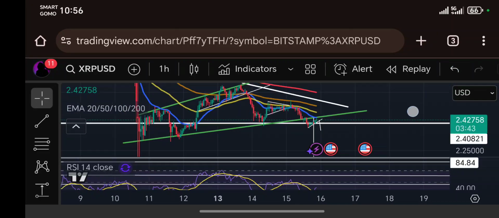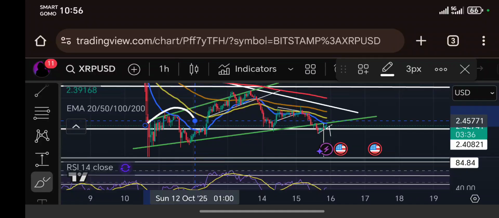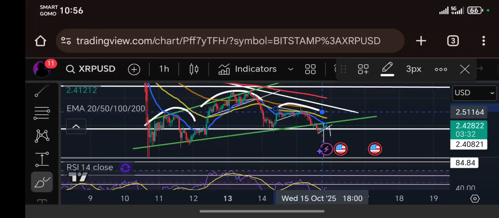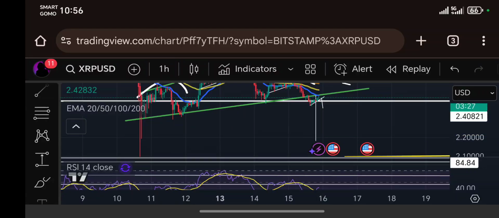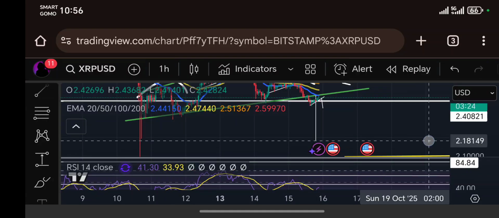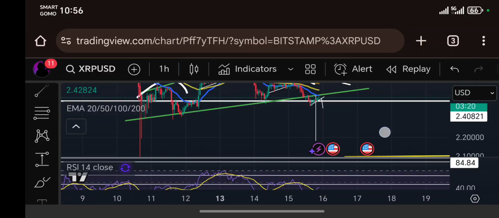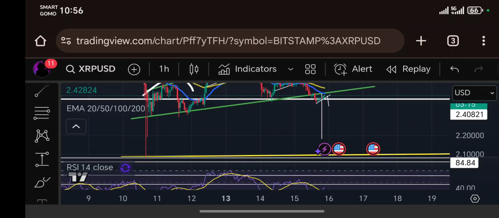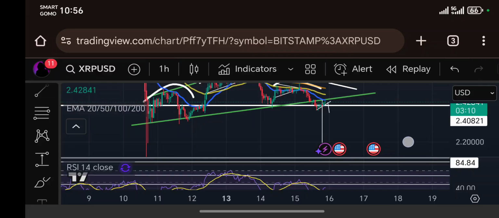With this broken trend line and this pattern that I am seeing here, which is a head and shoulder pattern, this is your right shoulder, this is your head, this is your left shoulder, and the measured move of it is this one, your 2.18. Maybe we could drop back down here, 2.18, or here 2.19. That's what I am thinking if we are going to continue to go down.